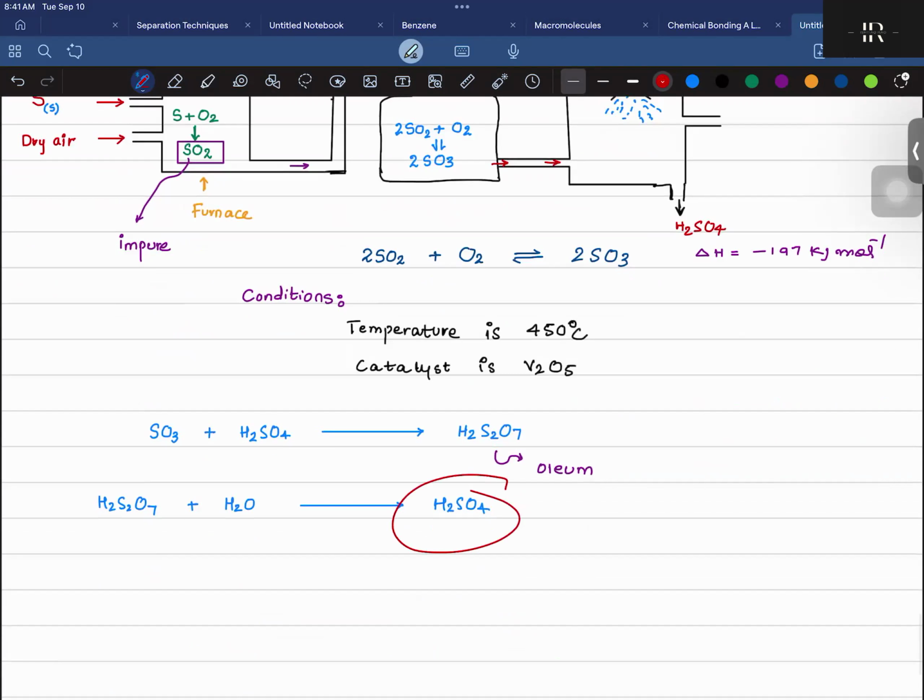So right now, finally, the sulfuric acid is produced by the reaction of oleum with water. Done. So these are the two most important reactions: the Haber process and the contact process.